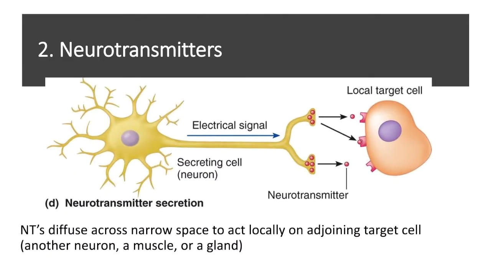Okay, the second type is a neurotransmitter. So neurotransmitters are also short-range signaling molecules, and you already learned about these pretty extensively when we studied synapses. We saw that a presynaptic cell will make a neurotransmitter, and it gets secreted by exocytosis into the synaptic cleft, and that was just the space between the presynaptic cell and the postsynaptic cell.